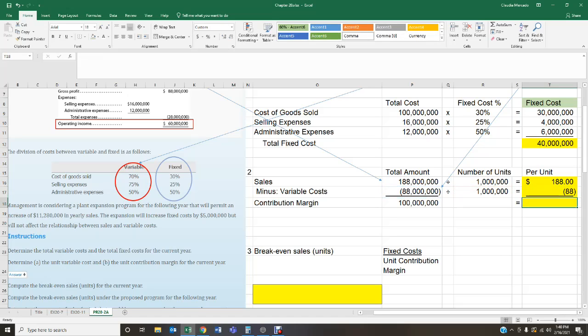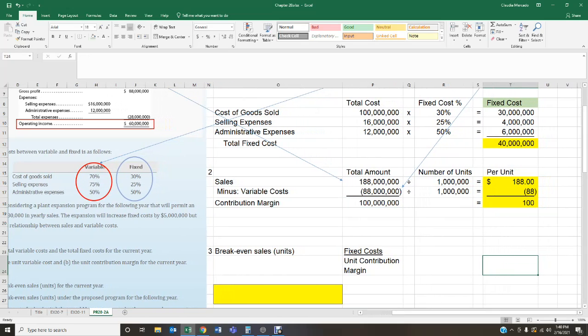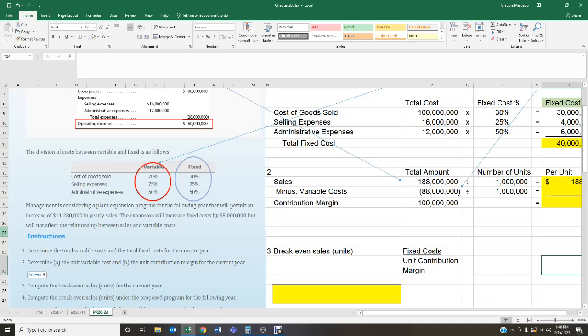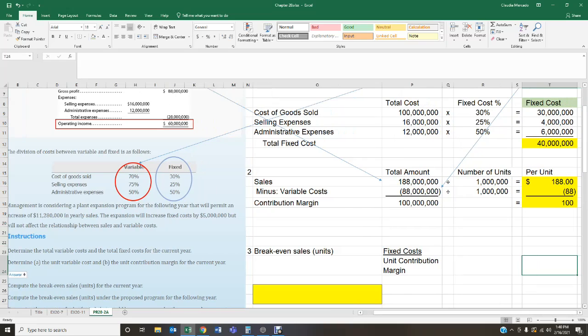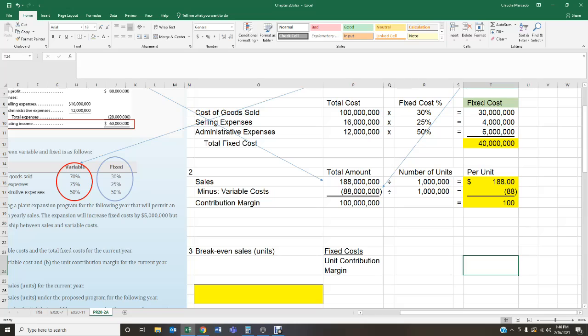That'll be 88, and my contribution margin will be $100. Okay. So for requirement 2, they're asking us for letter A, what is the unit variable cost? Unit variable cost would be $88.